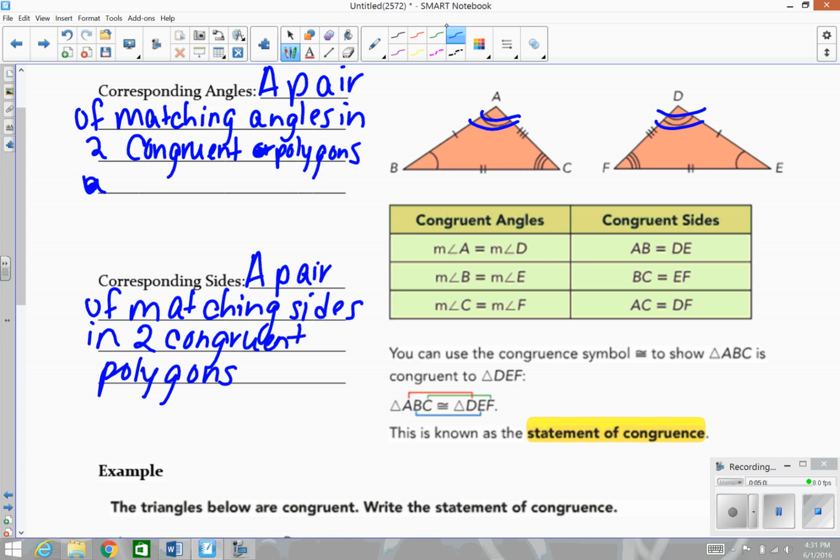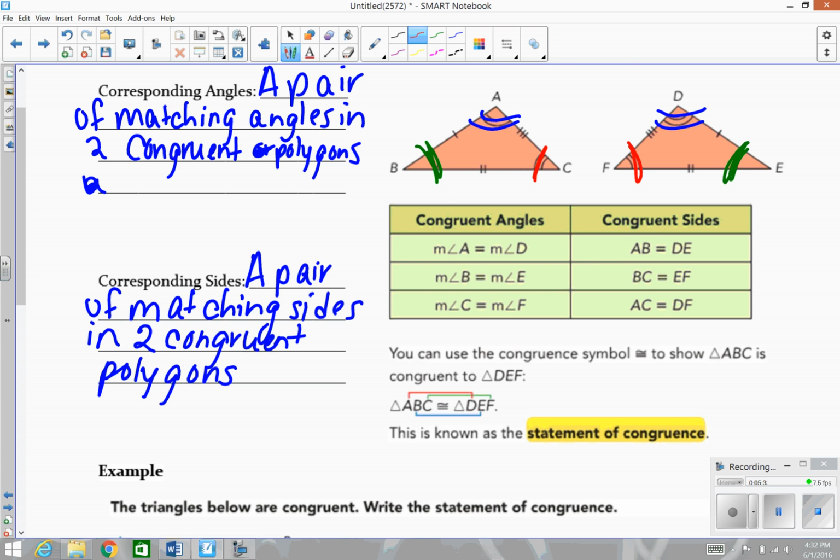Then you have angle B is congruent to E. That's tricky for some people because they don't necessarily realize that it's been flipped. The angles have to be in the same position no matter which direction it's facing. So B is corresponding with E and they are congruent. And then lastly, C is corresponding with F and they are congruent.